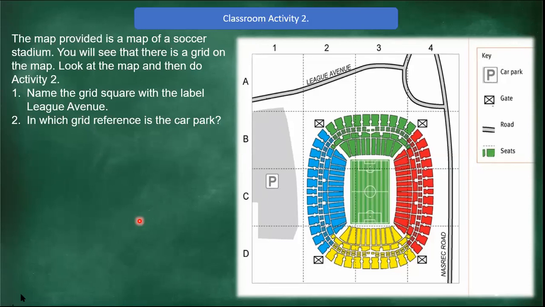The car park is in C1, correct. We have Tyron. The grid reference for the car park is C1. Thank you very much. Let's move.